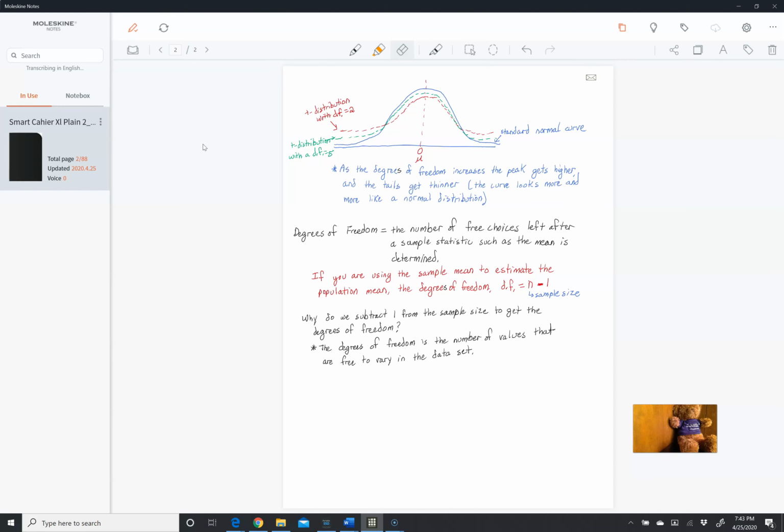Okay. So what does this mean? Okay. Degree of freedom is the number of values that are free to vary. What does that mean? Let's take an example. Suppose that we have a set of numbers with a mean of 10.